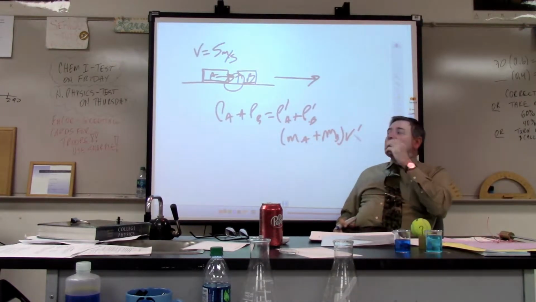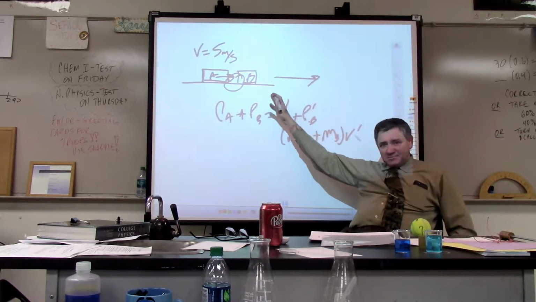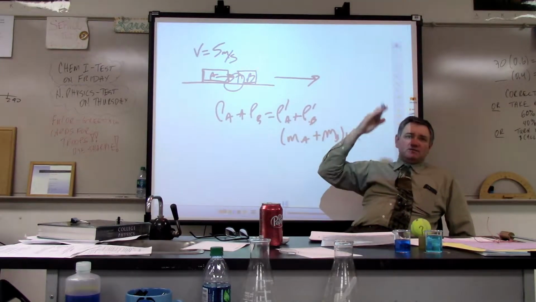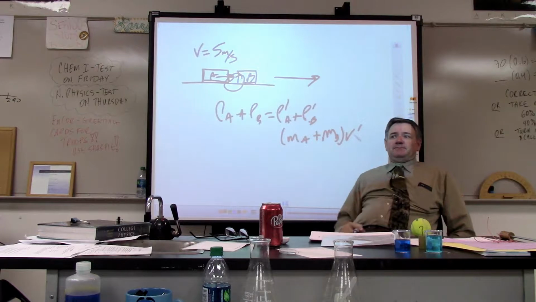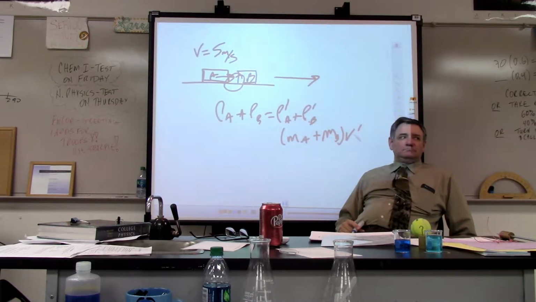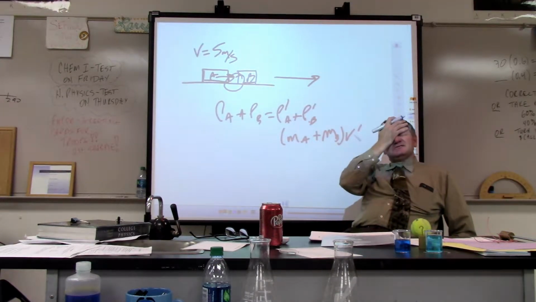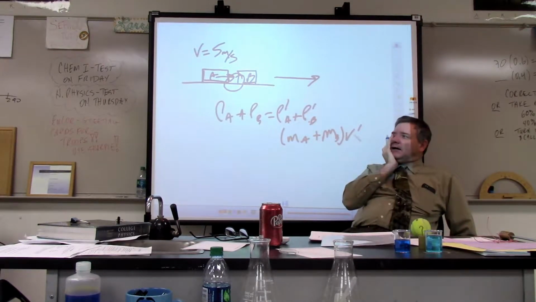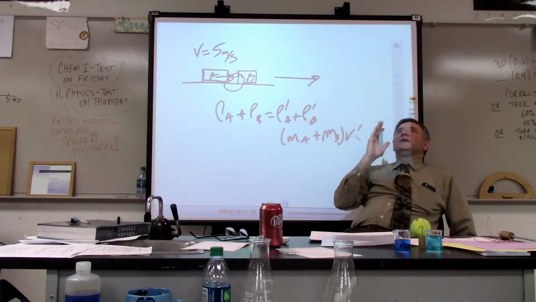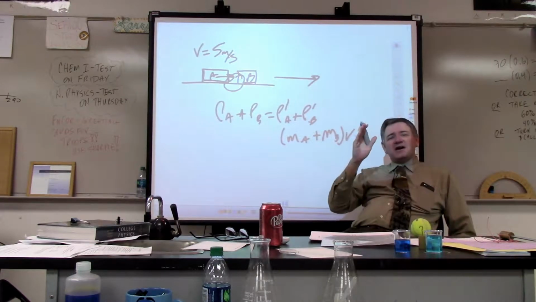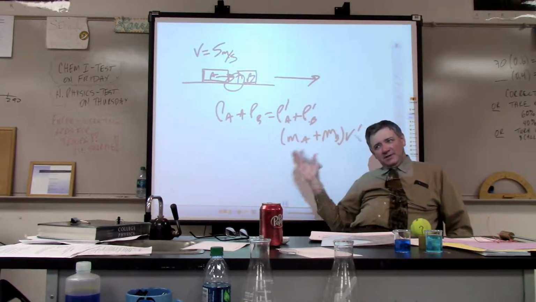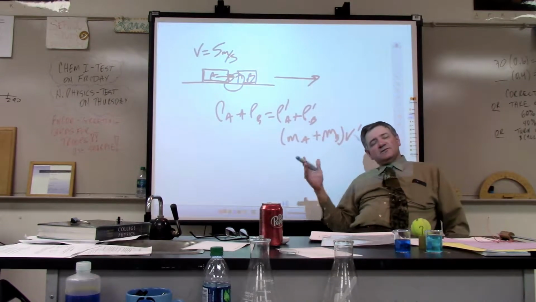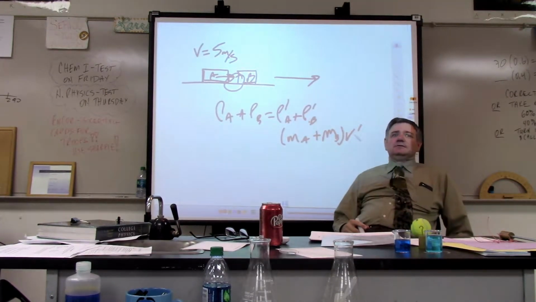Now, block A hits block B. Does block A exert a force on block B? Yes! Obviously. That's the source of the force. Okay, so block A exerts a force on B. Does B exert a force on A?